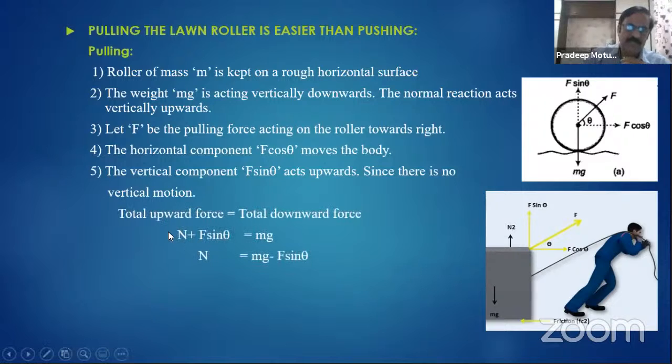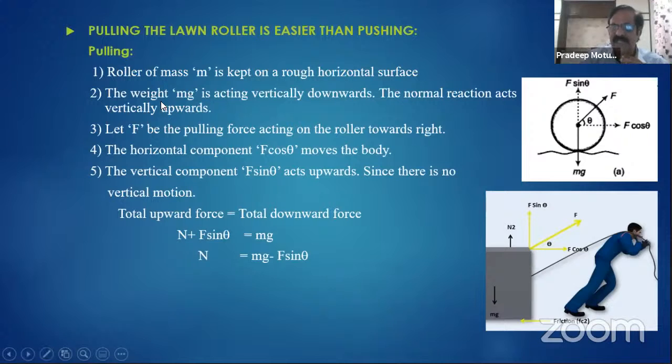Now, the total upward force is equal to the total downward force, because these two forces act along the same line, so you can equate them. One force acts downwards and another acts upwards. The downward force is only mg. What is the upward force?